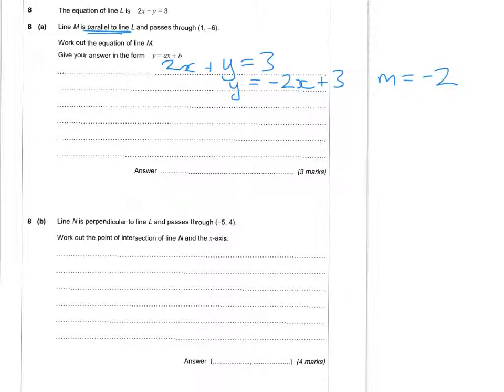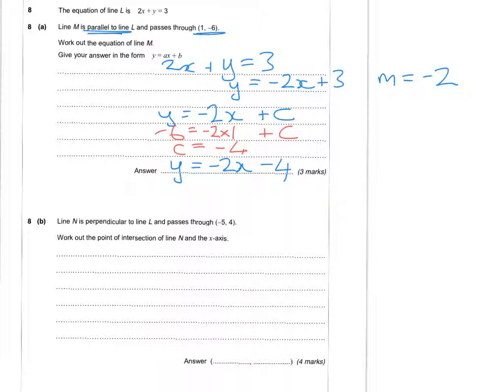Parallel, so they have the same gradient, goes through that point there, so y equals negative 2x plus c. y is negative 6, x is 1. So c is equal to negative 4. So my equation would be y is equal to negative 2x minus 4.